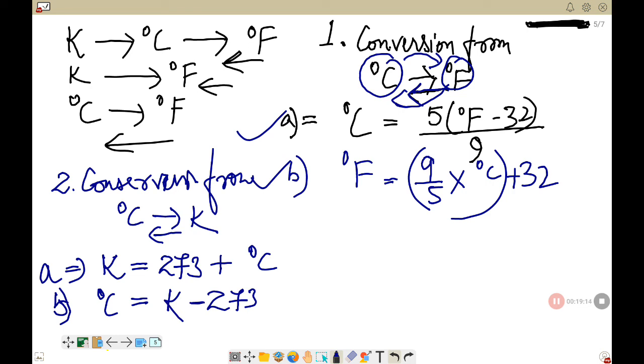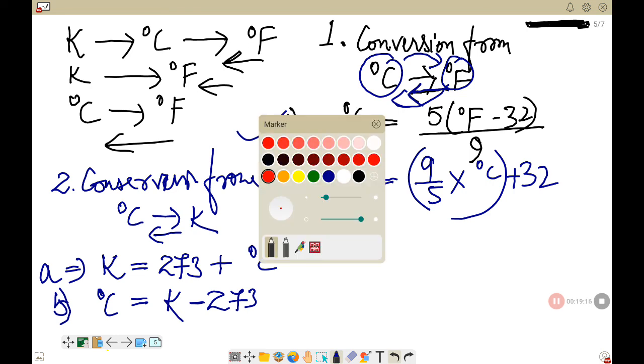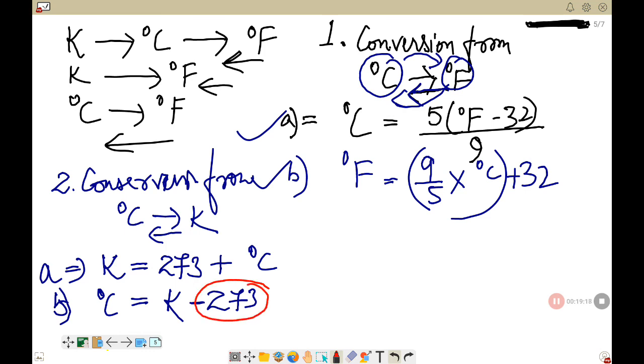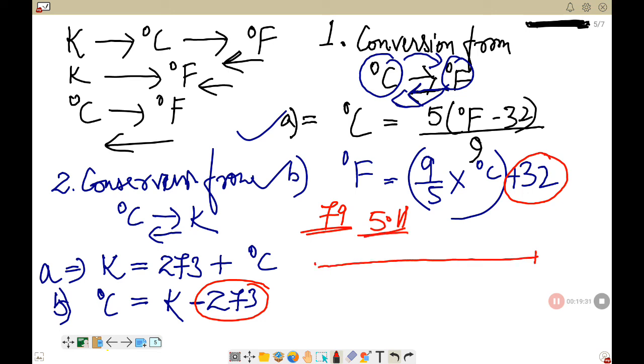All right, now you might be wondering how we are getting this 273 and 32, isn't it? For this you again go to page number 79, figure number 5.11. You see there that the lower fixed point on the three thermometers are shown as 0 degree Celsius, 32 degree Fahrenheit and 273 Kelvin.